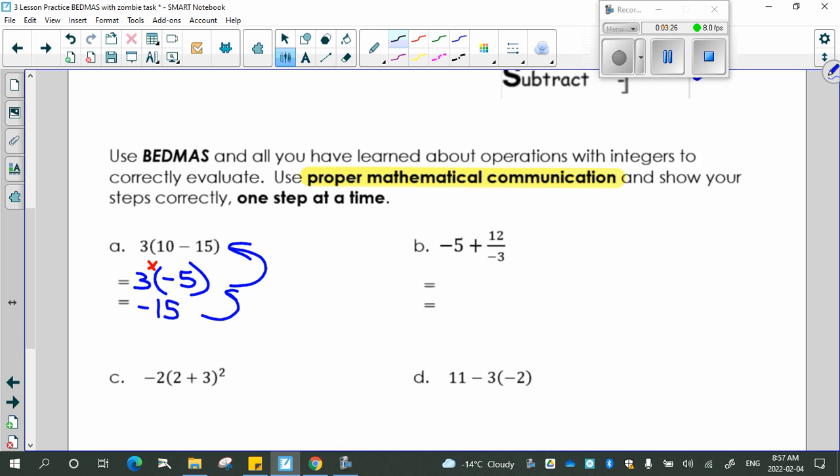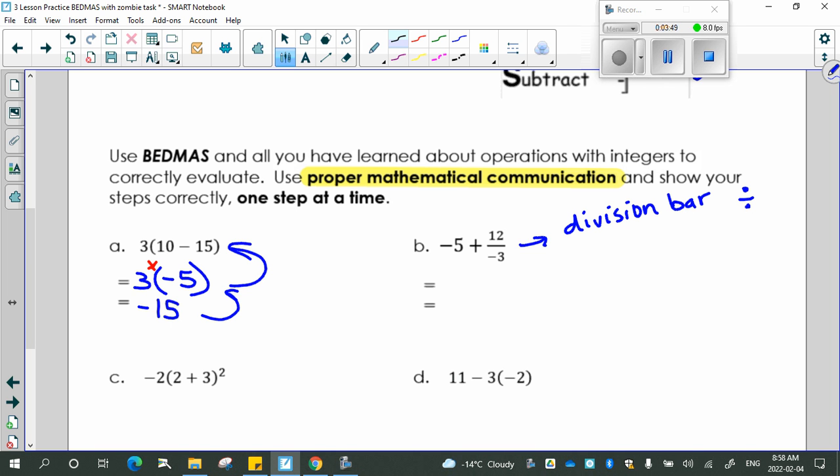All right, next one. So we've got negative 5 plus 12 divided by negative 3. So remember, this is our division bar. It's kind of a grade 9 and high school way of writing divided by. Okay. So following BEDMAS, is there brackets?